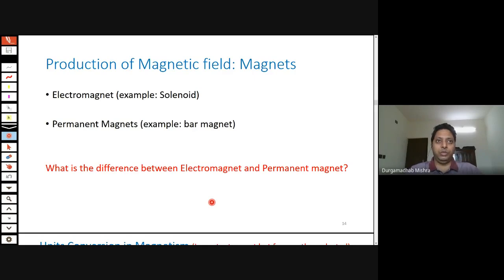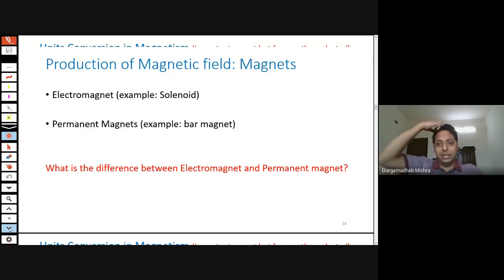When you switch on the electricity, you have a magnetic field, and when you switch off, the magnetic field is off. But a permanent magnet is always on, basically, right? You have a magnetic field always. You do not have any on and off switch for a permanent magnet. So that is a basic difference.